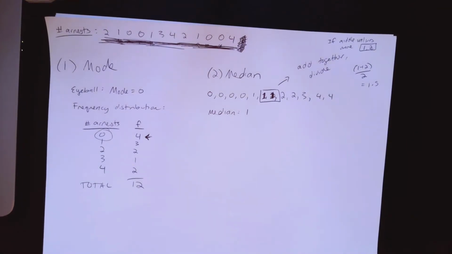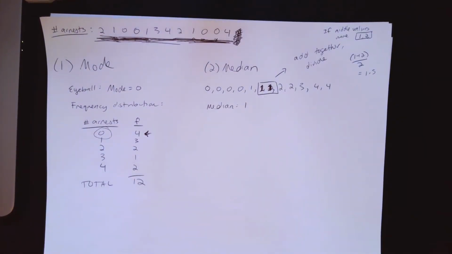All right, so the problem with this method for finding the median is that oftentimes you'll be working with really, really big data sets. You can imagine if you had a data set with 100 values in it, or 1,000, or even 10,000, it really wouldn't be feasible to count towards the middle. It can get pretty cumbersome pretty fast.